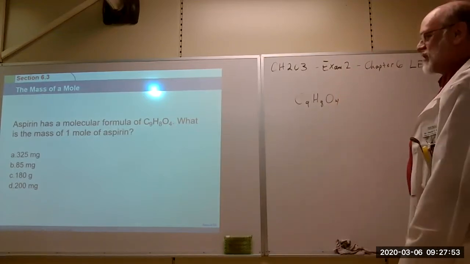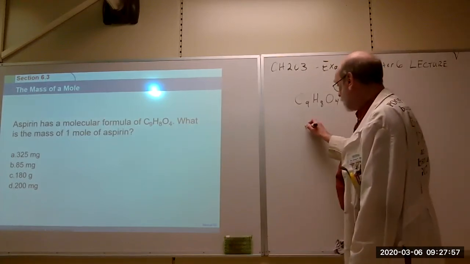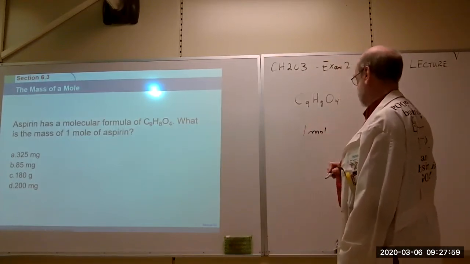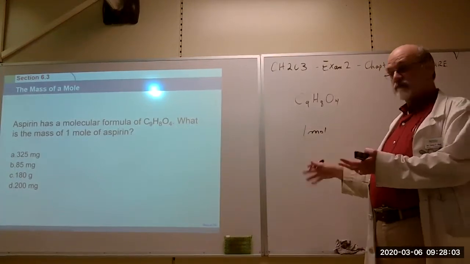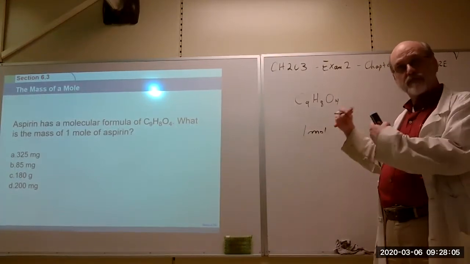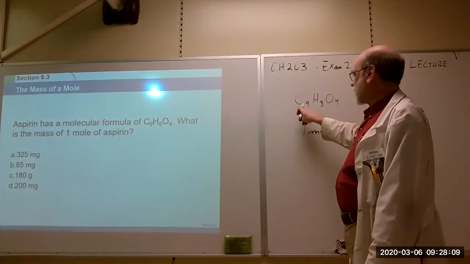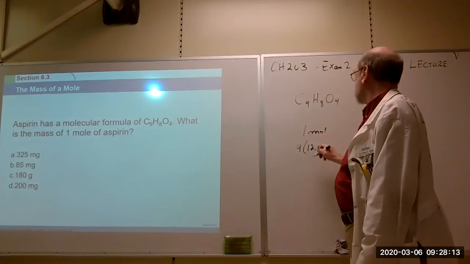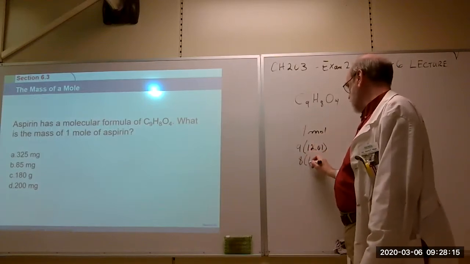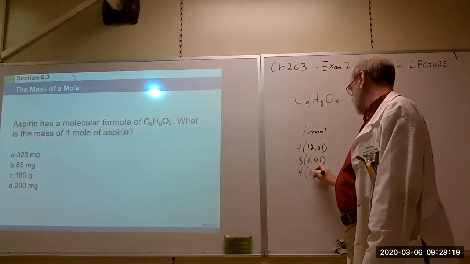Okay, so let's get back to the question. What's the mass of 1 mole of aspirin? So if we have 1 mole of this, all you need is the molar mass, right? Because that's grams per mole. So we need 9 times 12.01, and then 8 times the hydrogens, and then 4 times the oxygens.